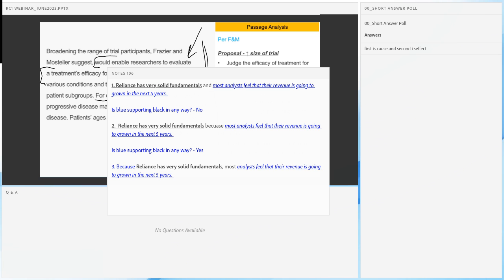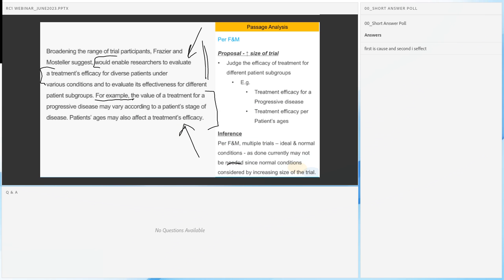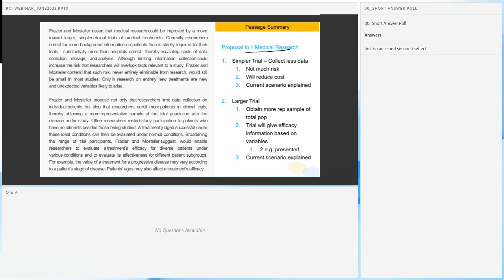Second is the effect, second is the outcome. Same two elements, different play of words. And this is something that's rarely tested in CR, by the way. Not as much in RC, but rarely tested in CR. Okay, sorry about the segue. I hope that was helpful in some way.